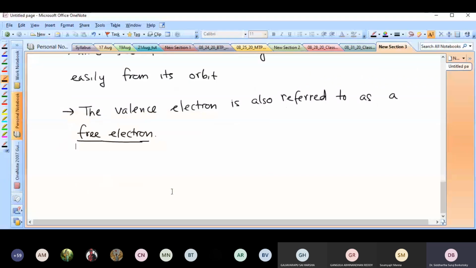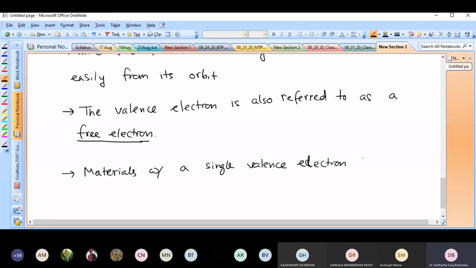Because the easier it is to dislodge the valence electron, the better the conductor. Whenever you have just one valence electron, these materials make very good conductors. So materials with a single valence electron make for good conductors.